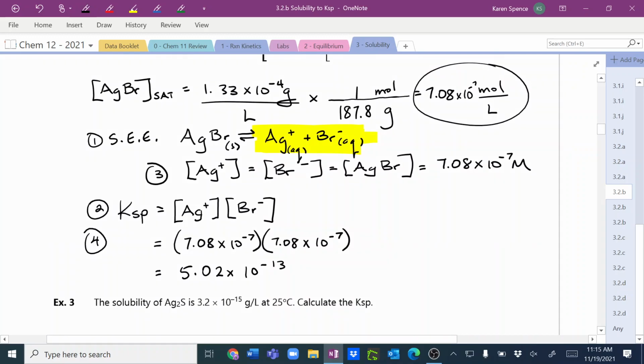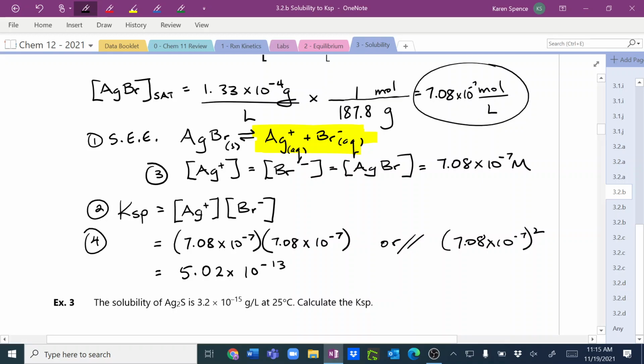At this point, what should we be doing? Sig figs and check to see if we need any units. Do we need units? Yes. You could either write it like this, or you could write it like 7.08 times 10 to the minus 7 all squared. Either of those is fine.